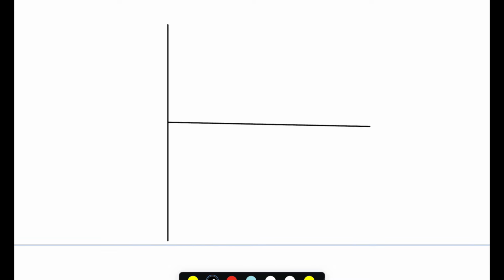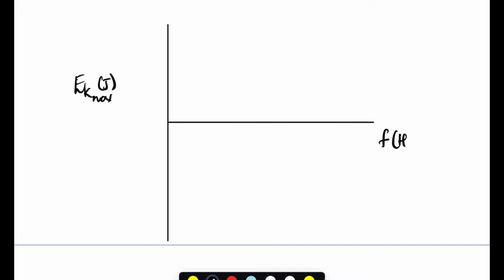Now let's look at this popular graph, where we have the kinetic energy measured in joules and frequency in hertz. Let's say we have different graphs like this.